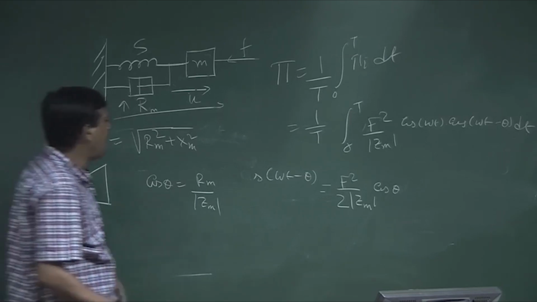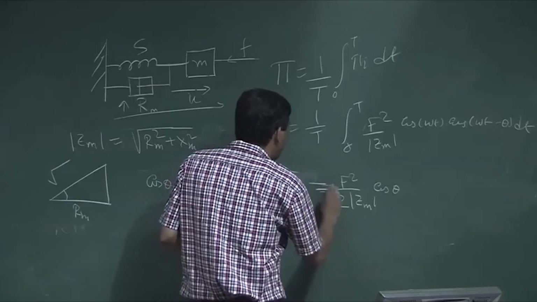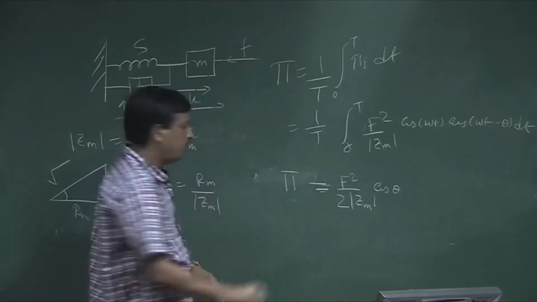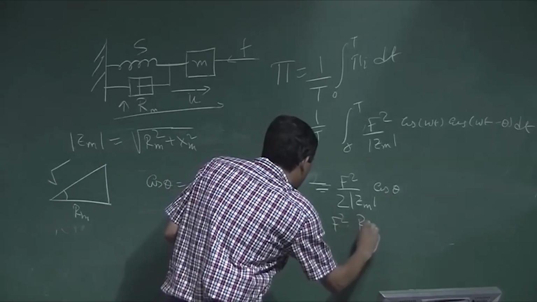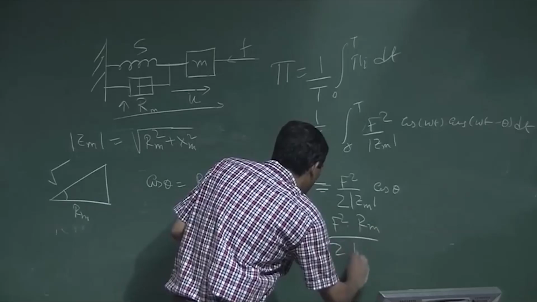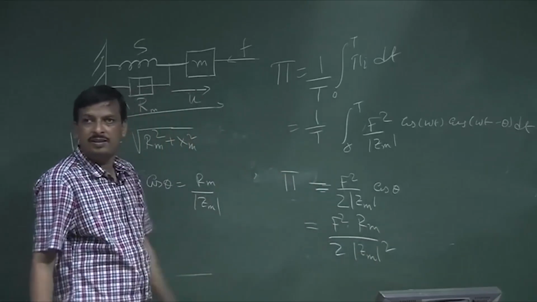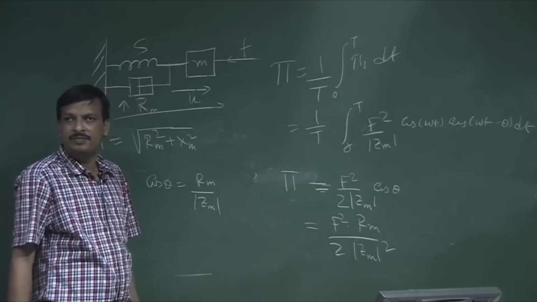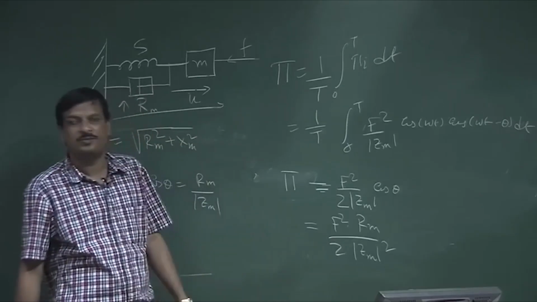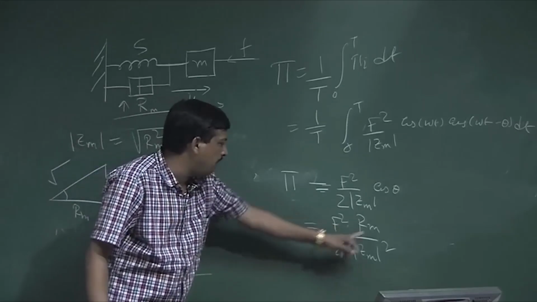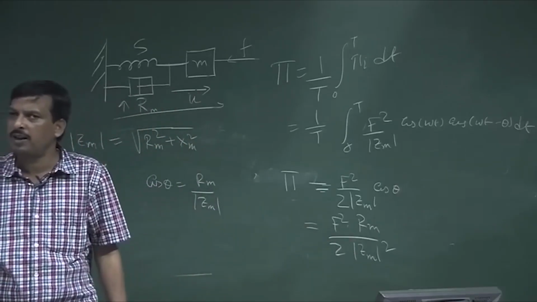So, the average power is equal to F square by 2 mod of Zm cos theta. I can put the value of cos theta: F square into Rm by 2 mod of Zm square. Now, that equation, F square into Rm by 2 Zm square, is the equation of the average power.